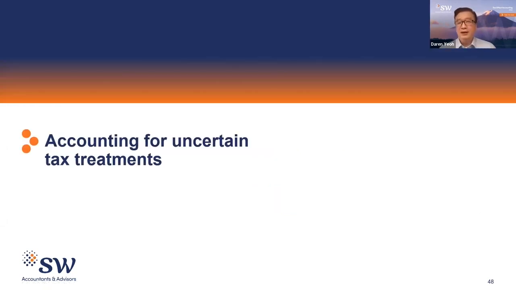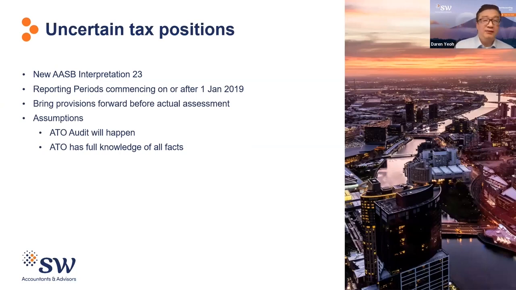Okay, finally, we'll talk about the requirement to account for uncertain tax treatments. So the relevant pronouncement is AASB Interpretation 23, which requires companies to recognize any uncertainty in any tax treatments.